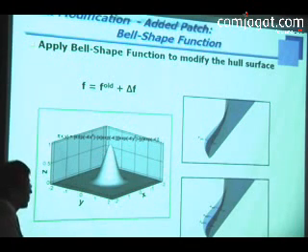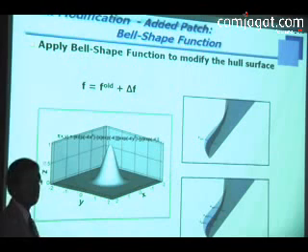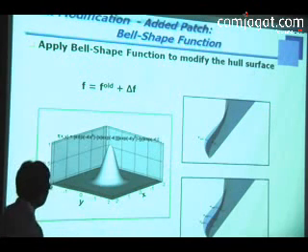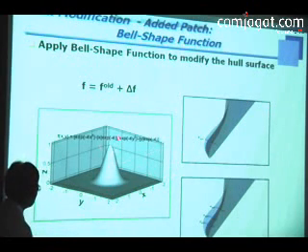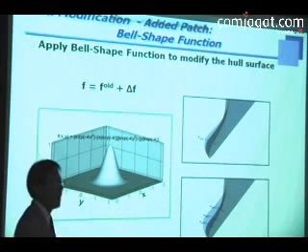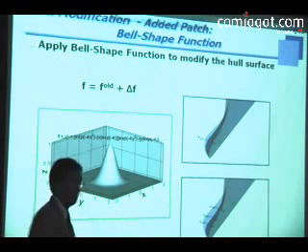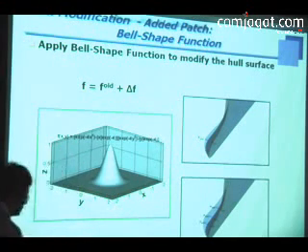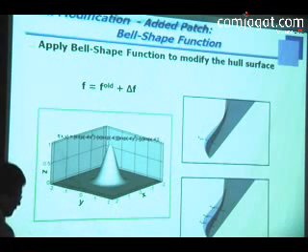We call it a bell shape. This can always guarantee fairness. By attaching this kind of bell shape function, or three or many, we can generate any kind of geometry we want. This is the modification function method.